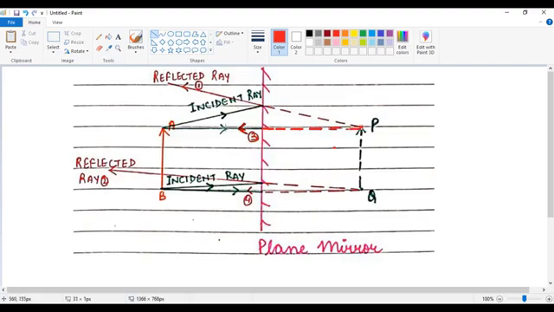After drawing, this is a case of normal incidence.